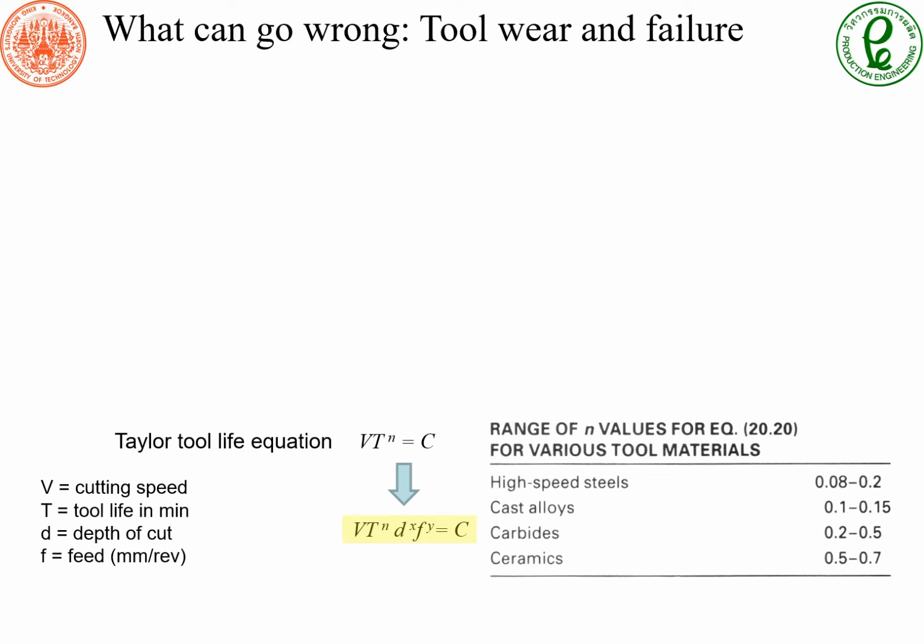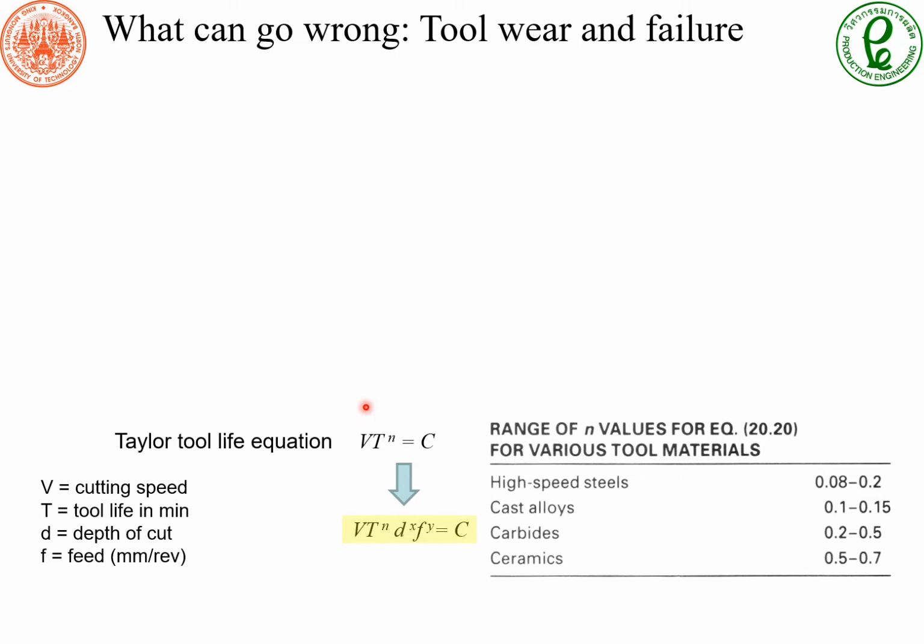Taylor was the first person to study the tool wear mechanism, and based on his experimental studies, he found that the cutting speed has the most significant effect on tool life. So he developed the first Taylor tool life equation as V times T to the power of n equals C, a constant.